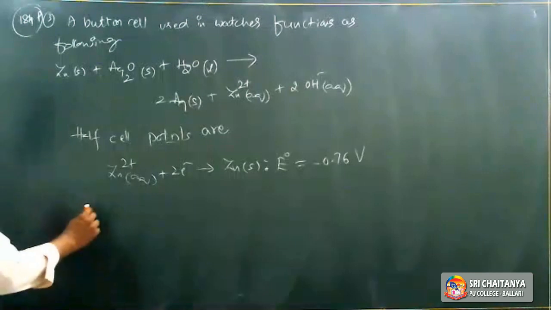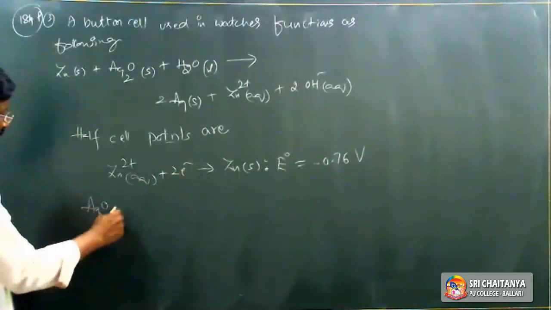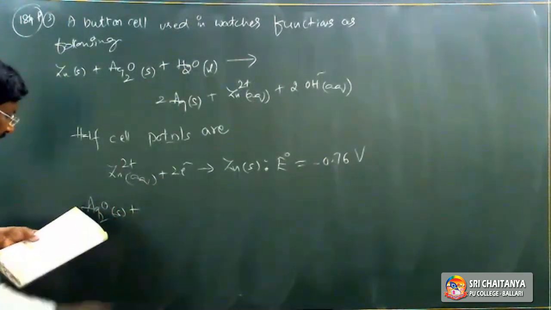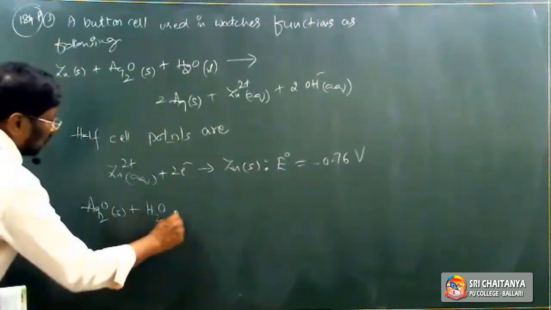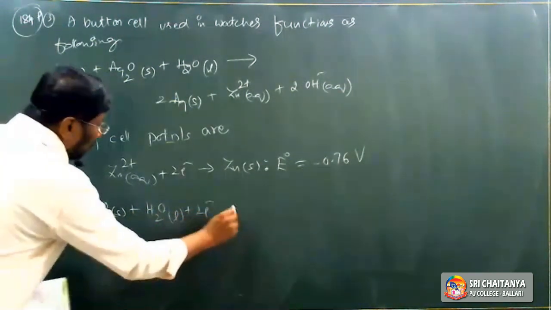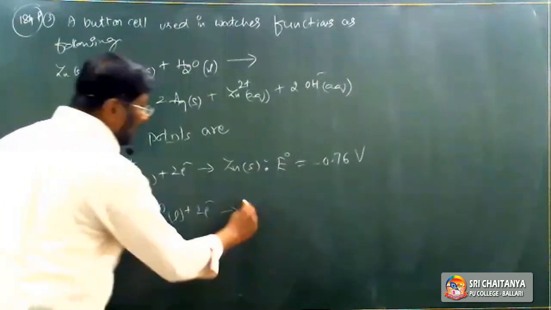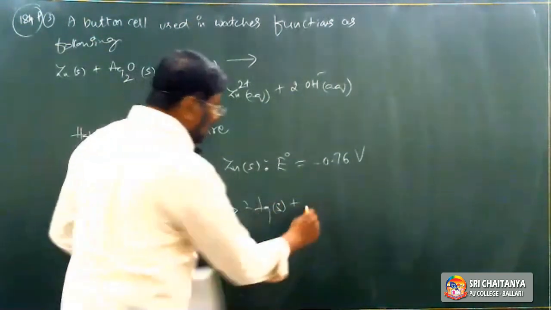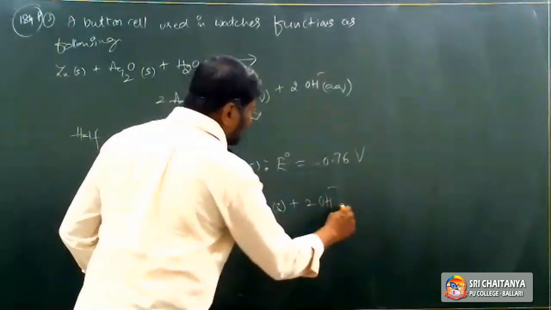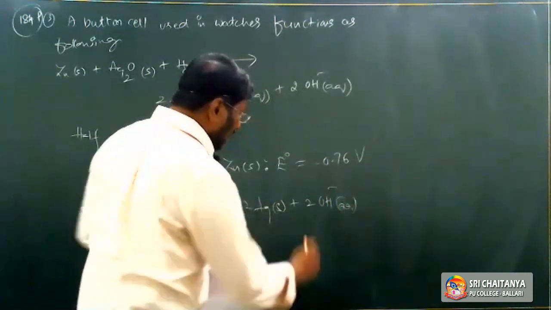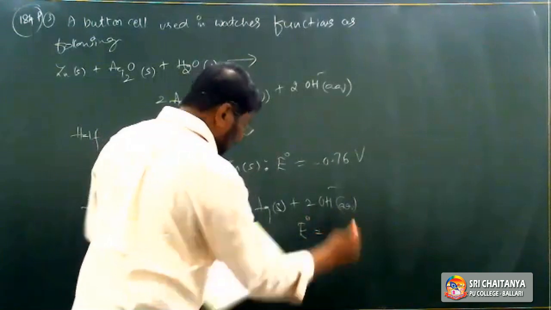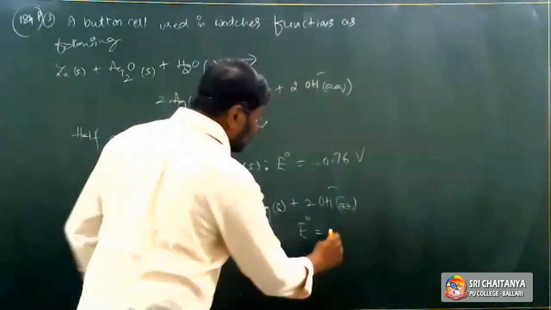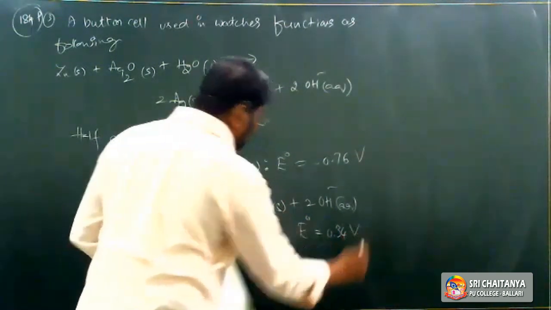Then the other one: Ag2O plus H2O plus 2 electrons gives 2Ag plus 2OH- aqueous. Here E0 is 0.34 volts.